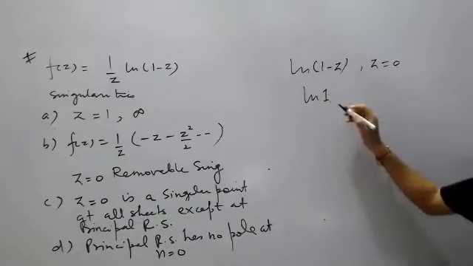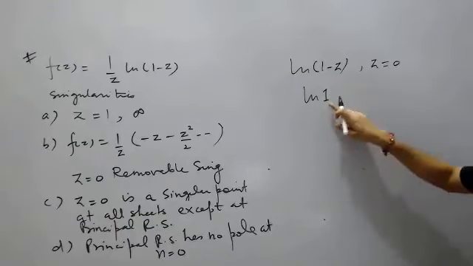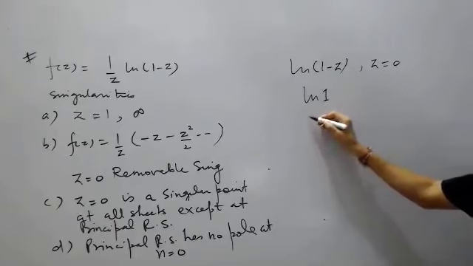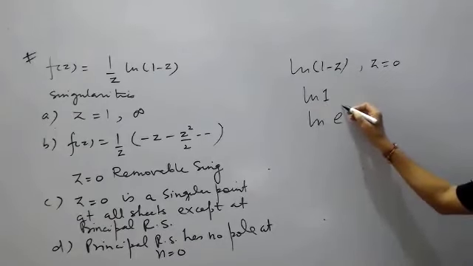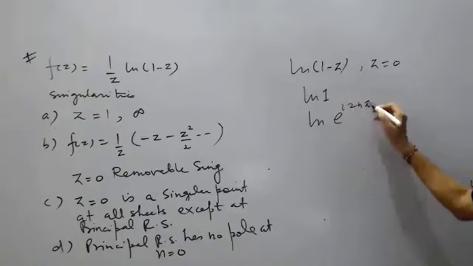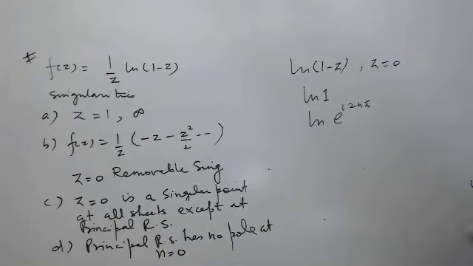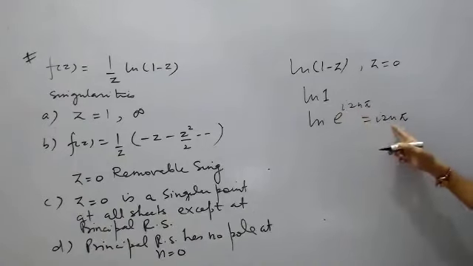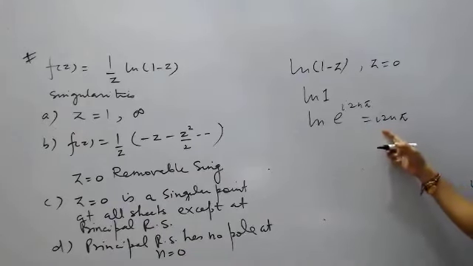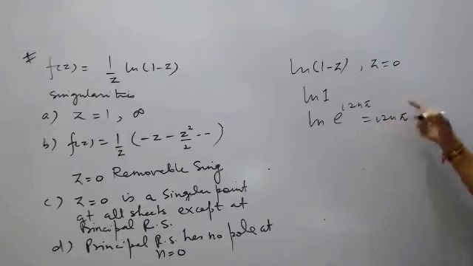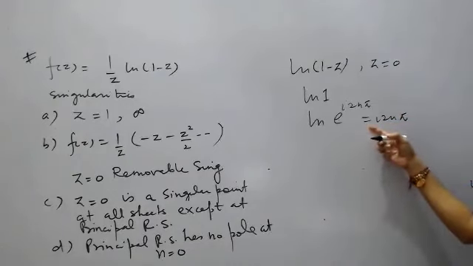But in general, the value of log 1 is log of e to the power i 2n pi. So that means i 2n pi. This is the value of log 1. This value of log 1 is 0 only at n is equal to 0. And for other values of n, an imaginary value will come.